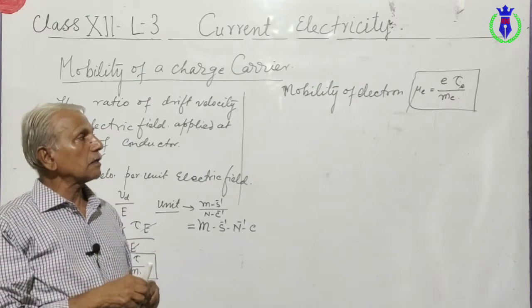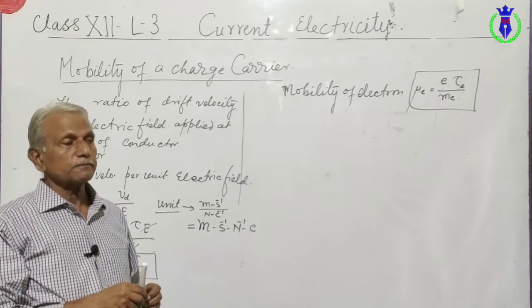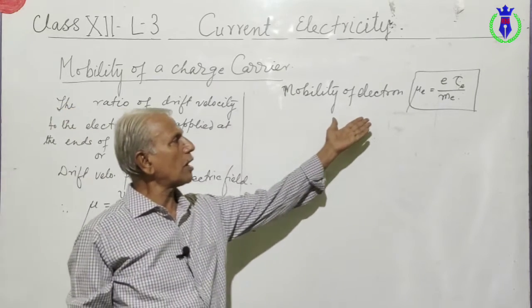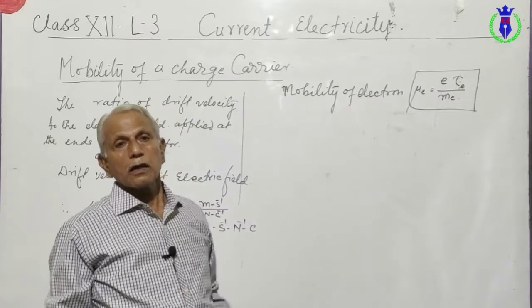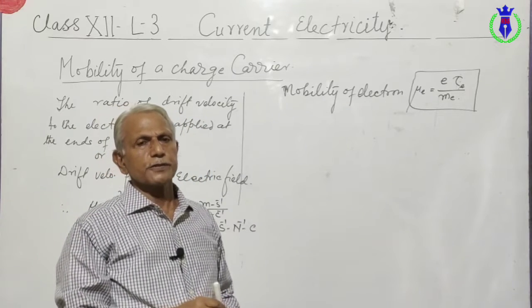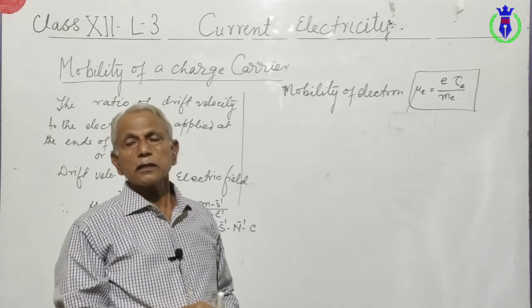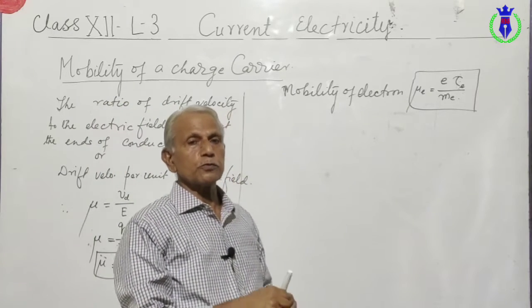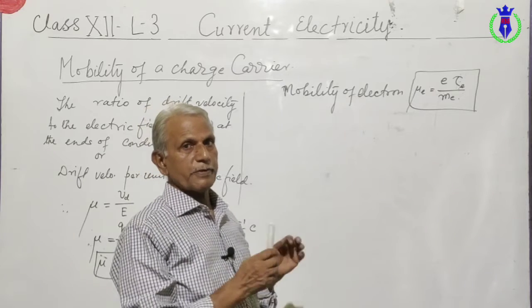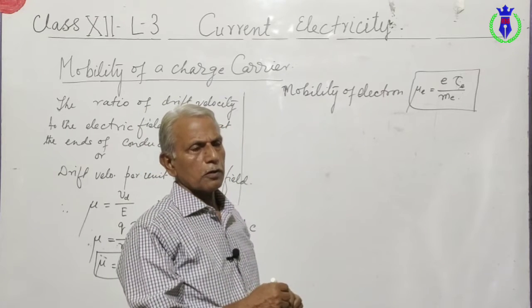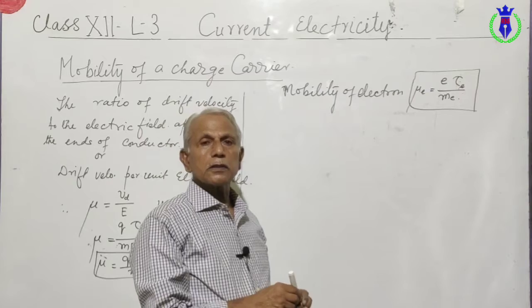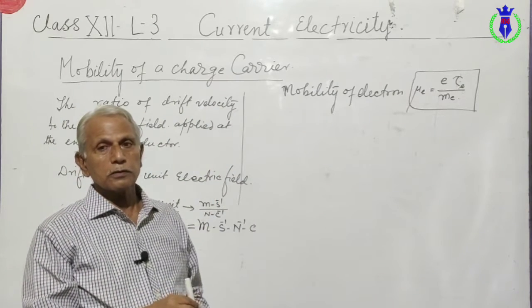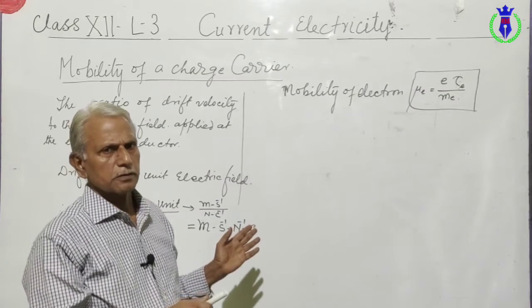If there are other charge carriers, we can write the same formula for them. In the case of the semiconductors, another particle is supposed to flow in the semiconductor, that is hole, and we find out the mobility of the hole in the semiconductors.